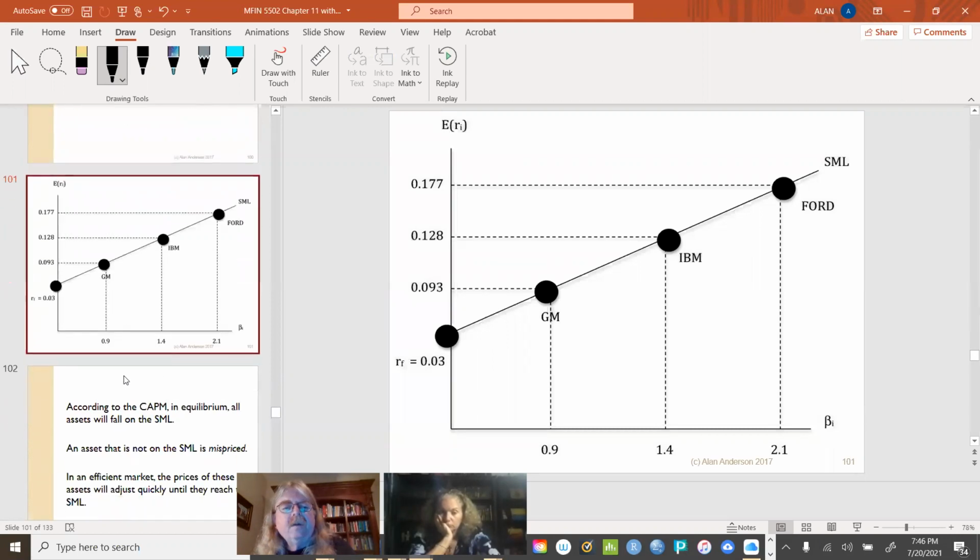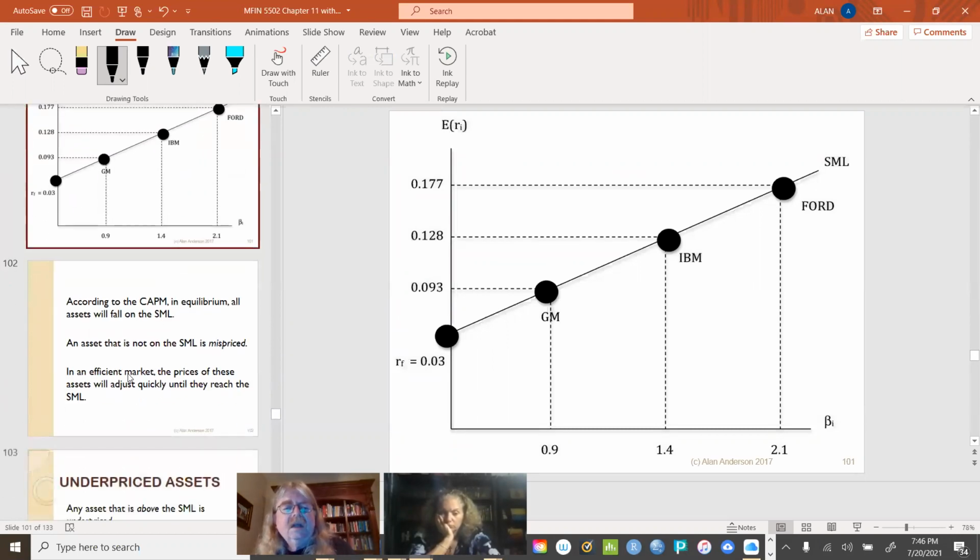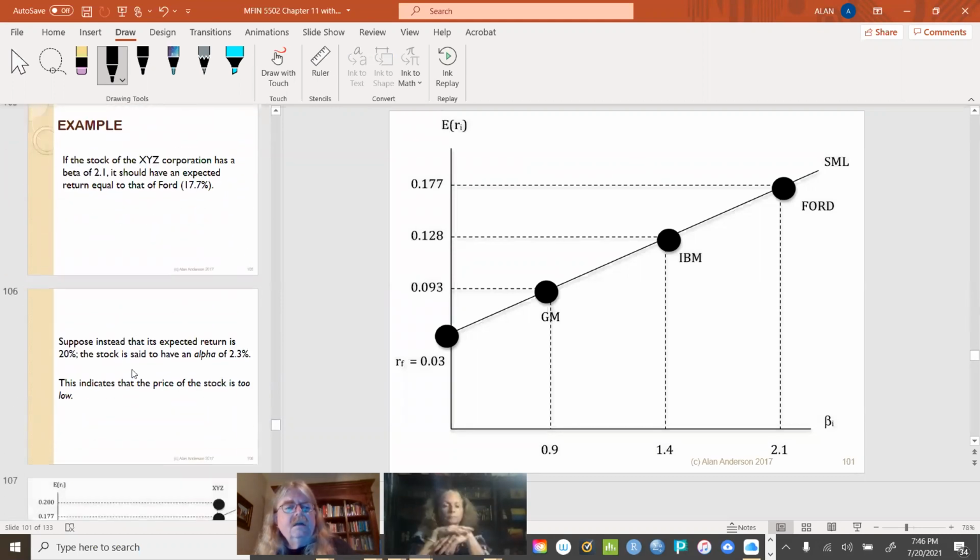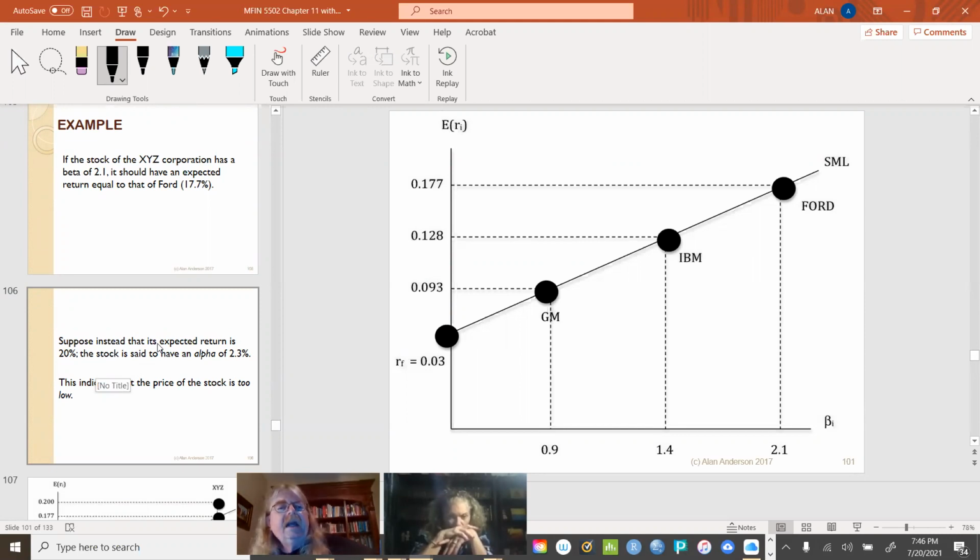Well, now we do occasionally, though, find stocks that don't conform to this. What happens in those cases? Well, all right, let's say that we found a stock. The XYZ Corporation has the same beta as Ford, and yet for some reason, it's got a return of 20%.